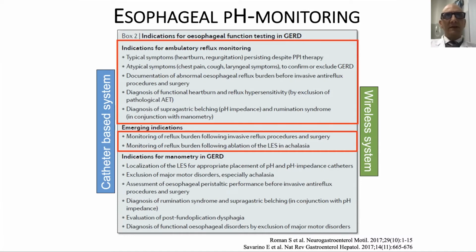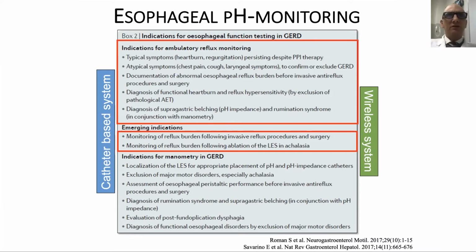And it's important even to detect abnormal acid exposure before anti-reflux procedure or surgery, or to diagnose supragastric belching that might be corrected by cognitive behavior treatment, as reported by Eduardo. Emerging indications are monitoring of reflux burden following anti-reflux procedure or after Heller myotomy or POEM in patients with achalasia.